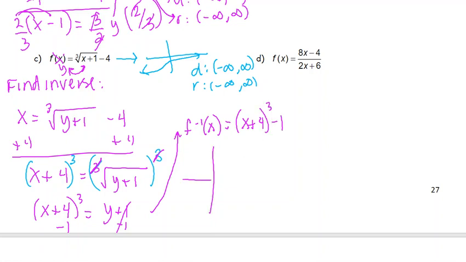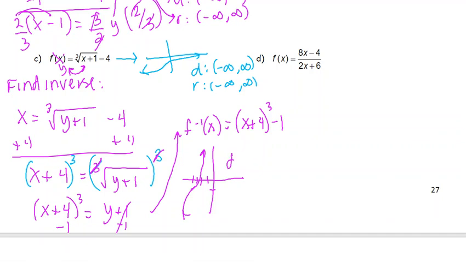Well, if you think about what that graph looks like, that's a cubic graph shifted 4 to the left and down 1, and it kind of looks like this. So what is hard to see in this is if you actually put this into your graphing calculator and you typed in the line y equals x, this ends up being a reflection over that.